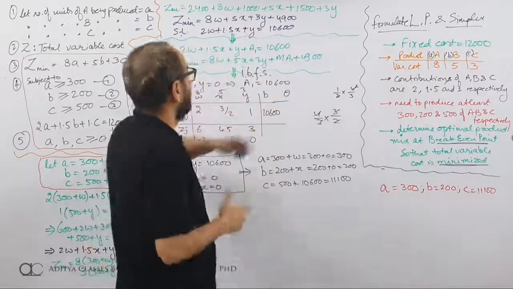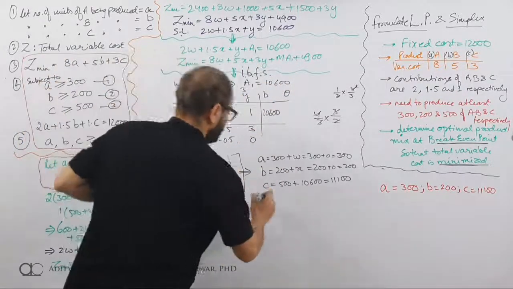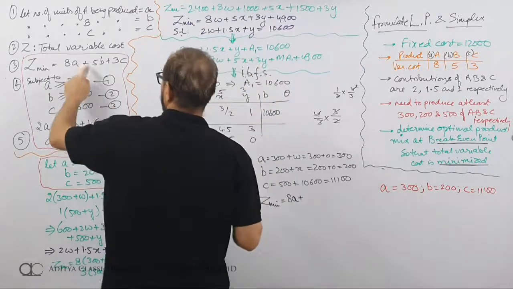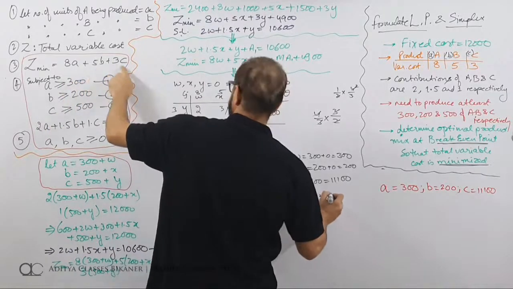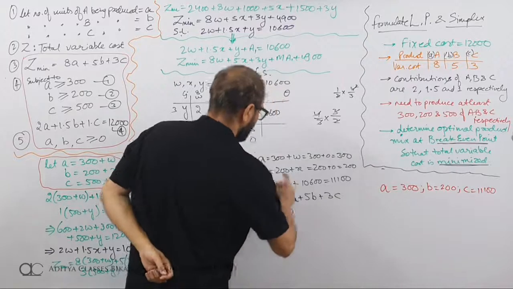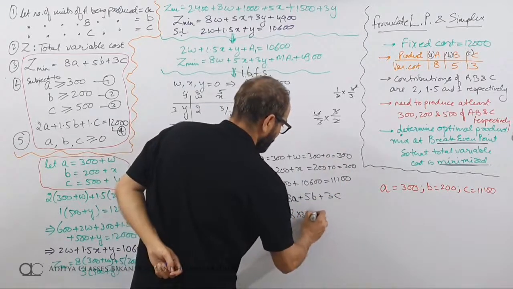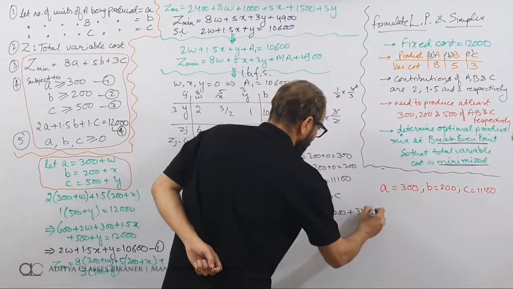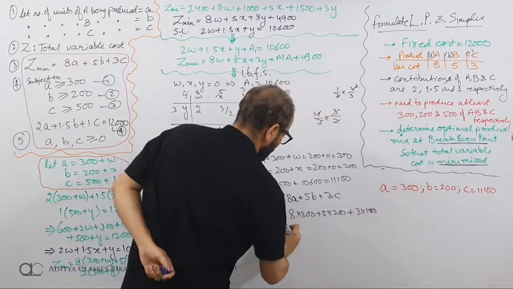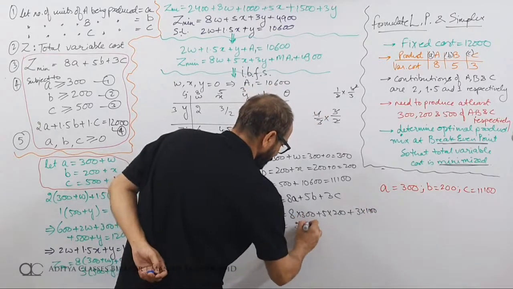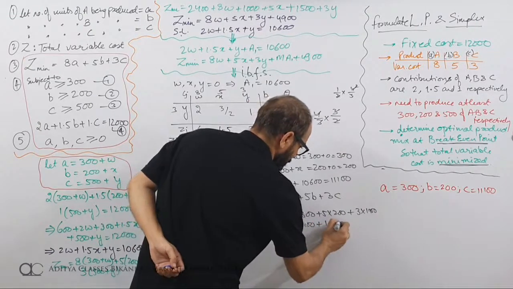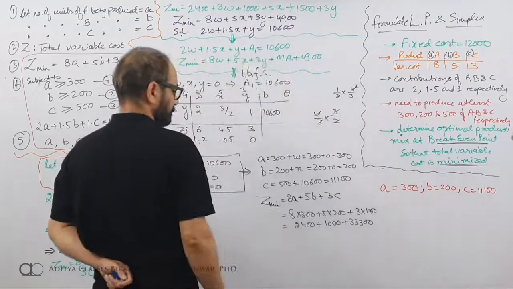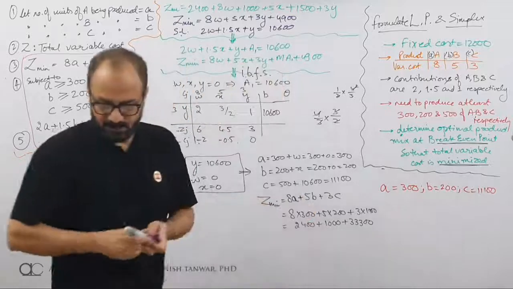For minimum variable cost, 8A, 5B plus 3C, making it 8 into 300, 5 multiplied by 200 plus 3 multiplied by 11,100. Total being 8 3s are 2,400, 5 2s are 1,000, 33300. This will be my total variable cost.